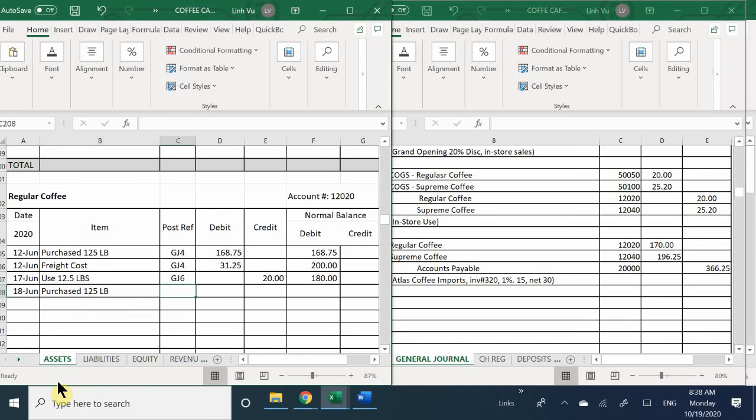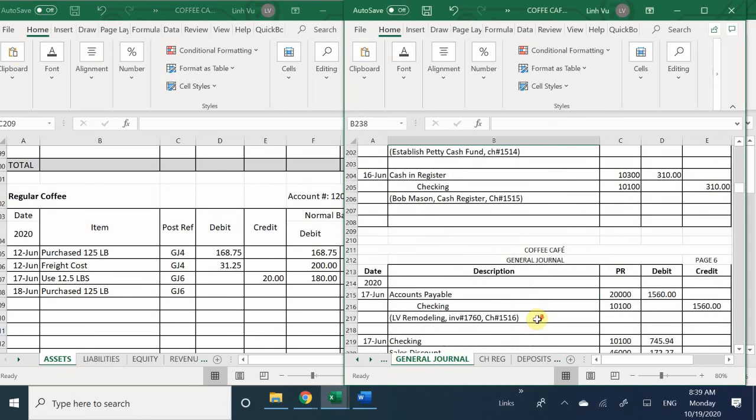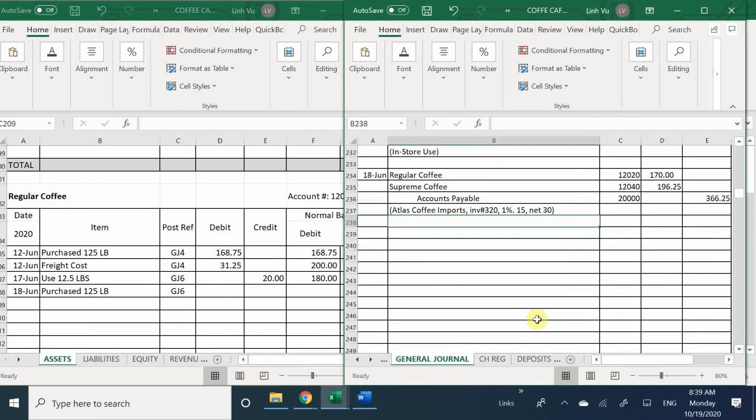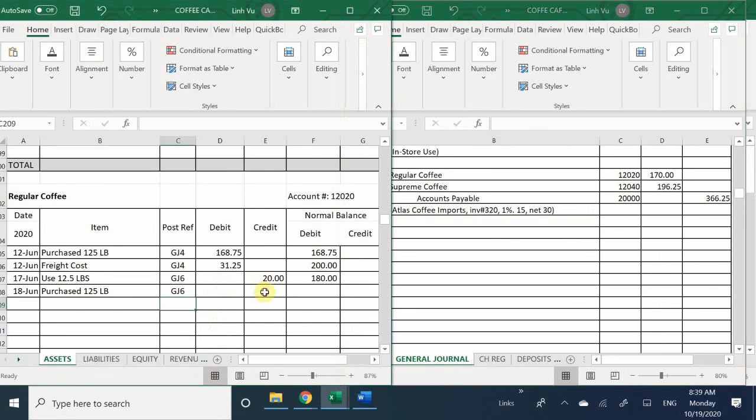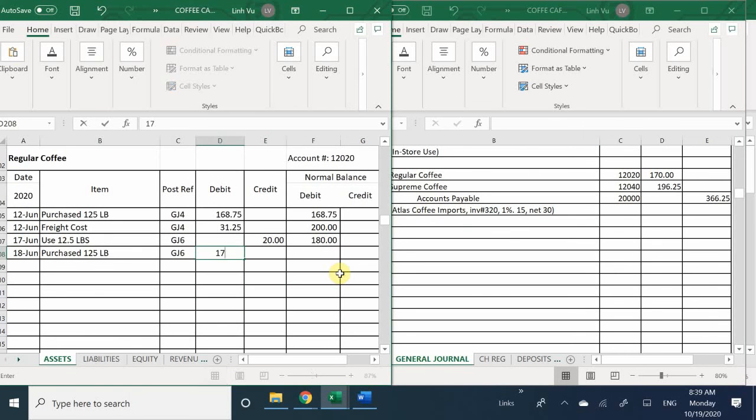Are we on journal 6? Yeah, that's the last one that we were on. Are we going to debit or credit the account? Debit. Bringing our new balance to be, good.